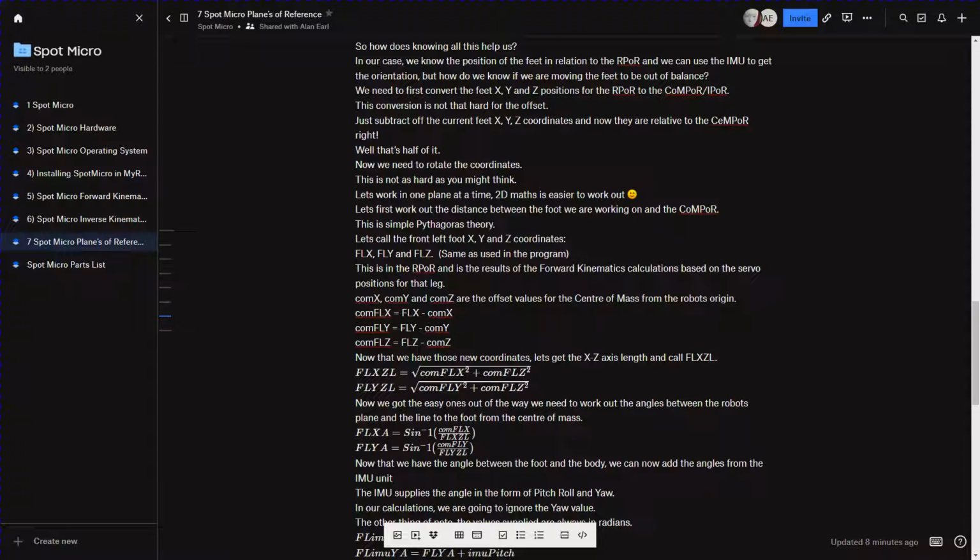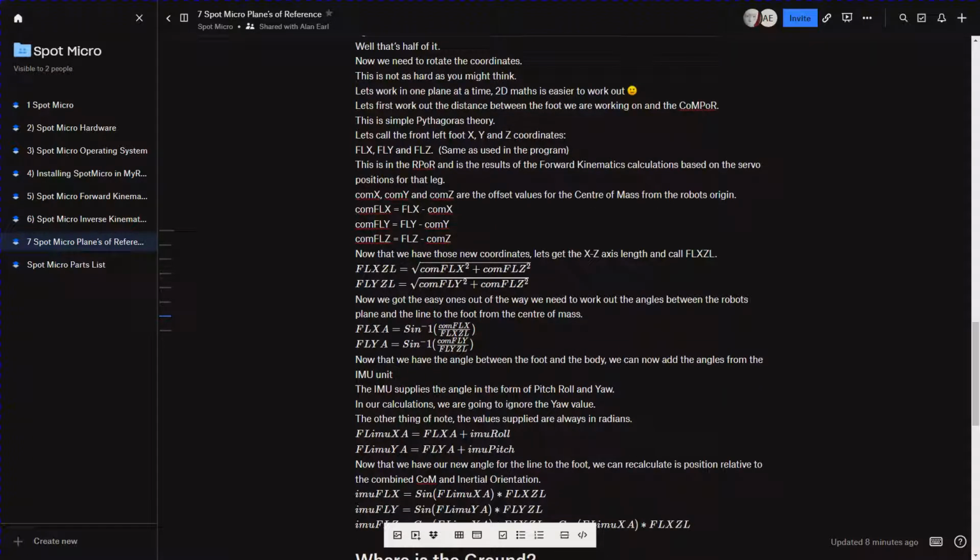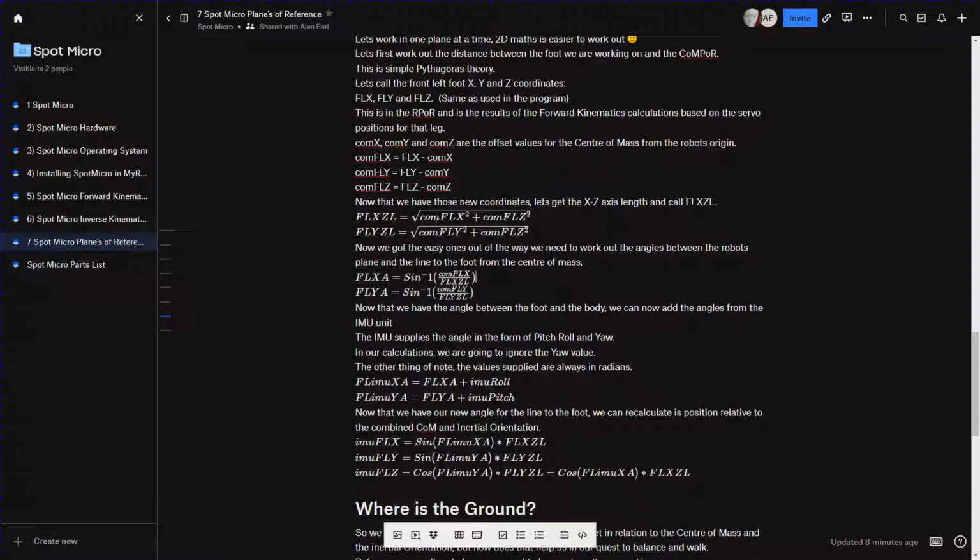But that's not a major drama, because it turns out that the pitch and roll values coming back from the IMU in my robot lab are also in radians. So that's an easy add together. We'll calculate this angle for both. Once we've got those two, we'll add the IMU roll and IMU pitch, and then we can calculate where the foot is based on its length and the new angle.